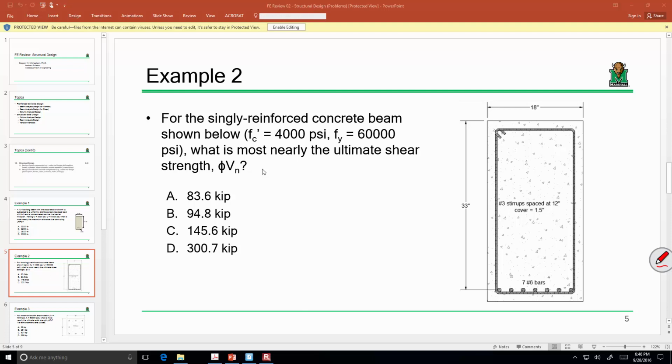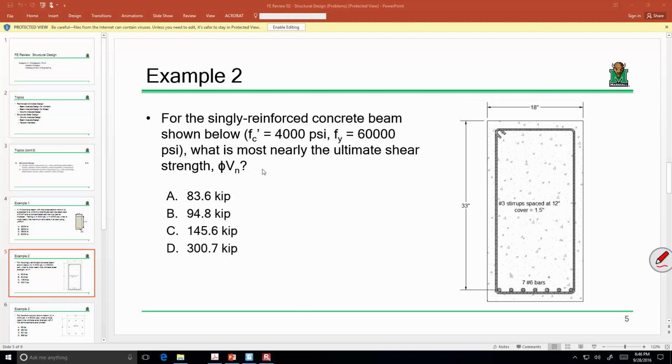So I've got number 3 stirrups, spaced at 12 inches. Keep in mind, sometimes you are provided some superfluous information on these problems, information you don't need. And we'll see that as we go.